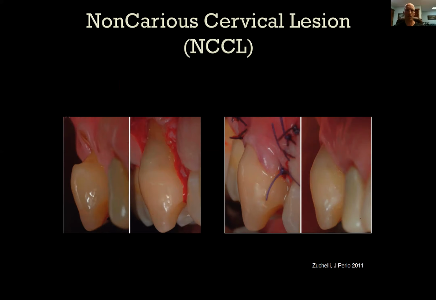And then the CEJ was established through the restorative work. He then subsequently came back with a soft tissue graft, and you can see the final result there. Working hand in hand with his restorative partner, able to produce a really natural looking result, and probably the best long-term result when you consider the work that they did on the occlusion and other contributing factors.